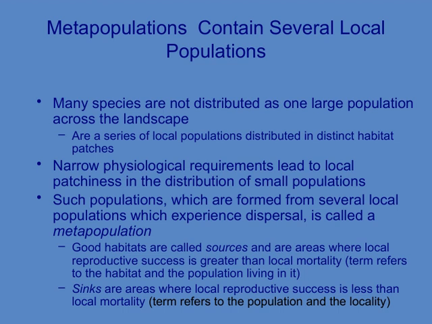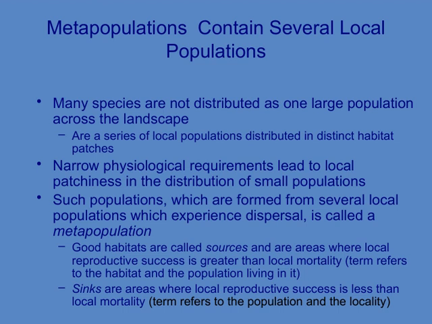This patchiness often happens because these species have narrow physiological requirements, meaning they need very specific conditions to survive. As a result, their populations tend to be small and isolated, occurring only in suitable patches of habitat. When these small populations are connected through dispersal, that is, individuals moving from one patch to another, we refer to the entire system as a metapopulation.